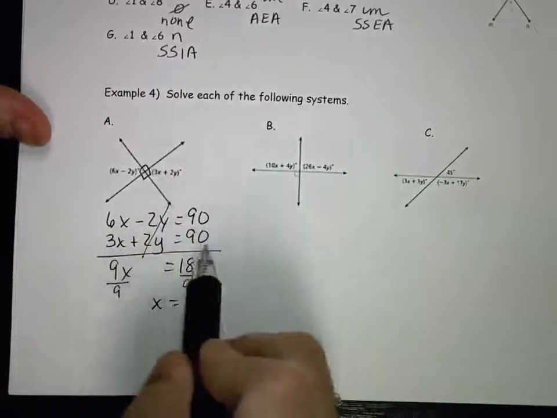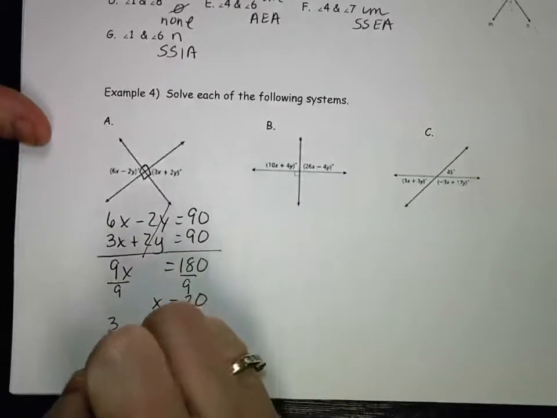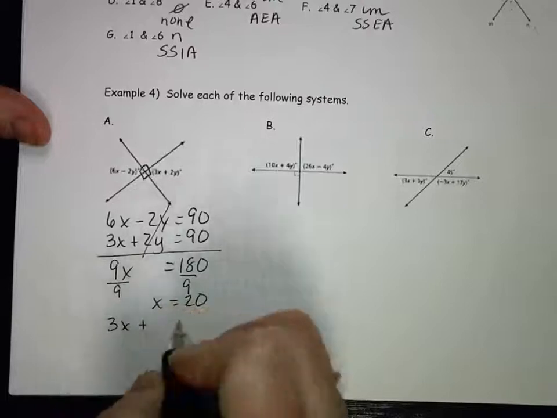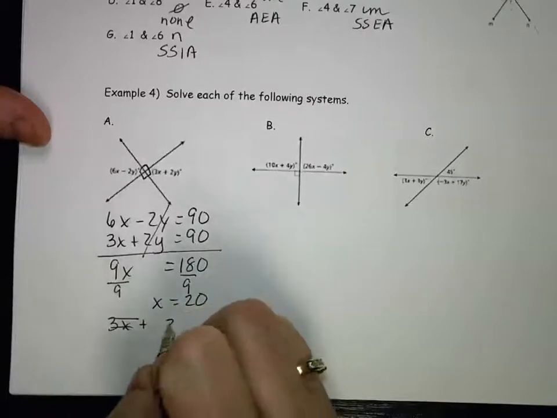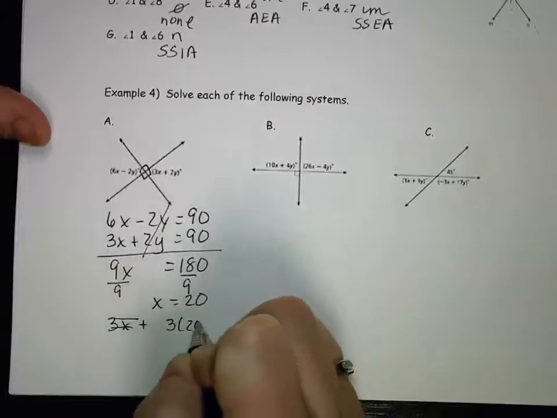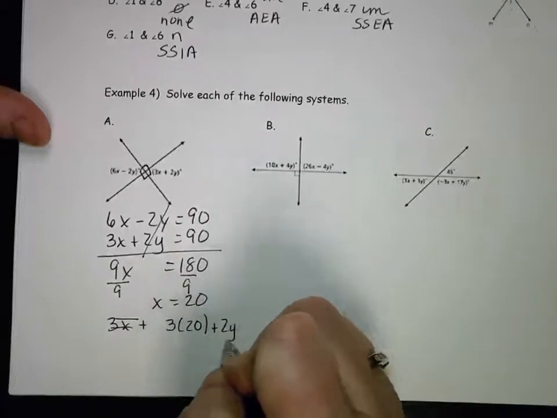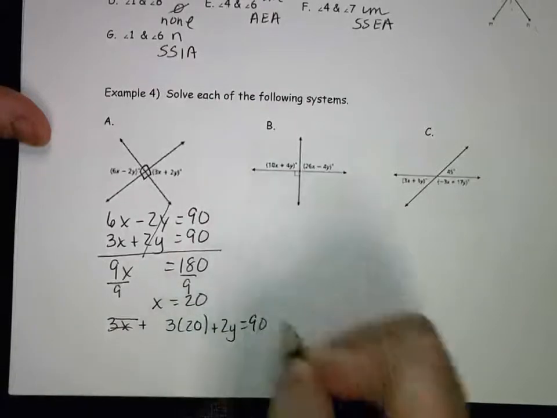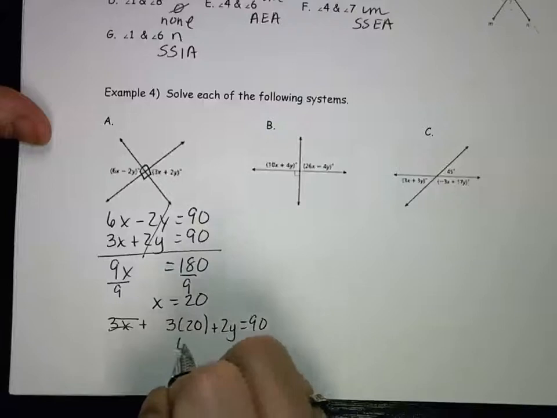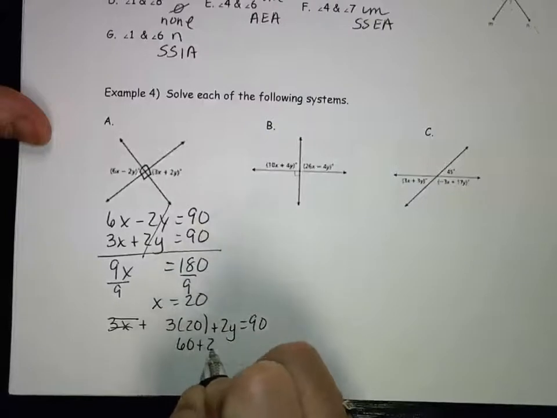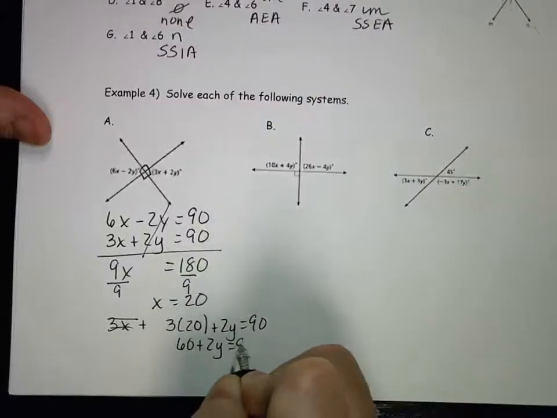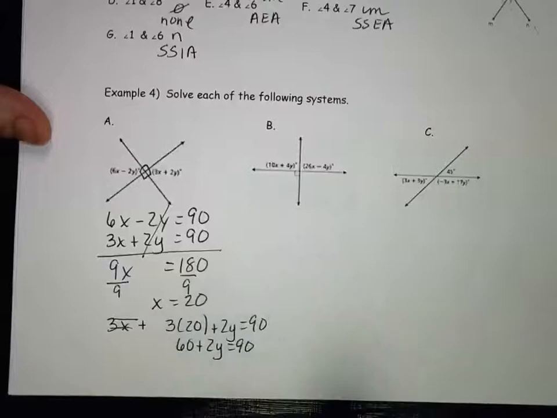And I'm going to use the second equation. How about 3 times 20? We're going to put the x inside of there, plus 2y equals 90. That becomes 60 plus 2y equals 90.